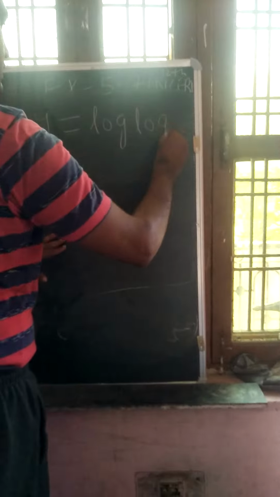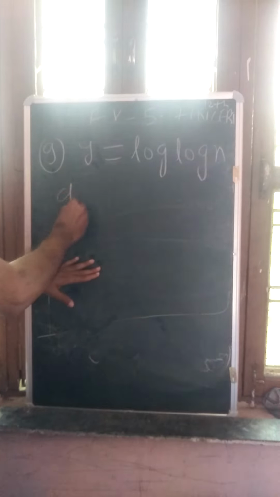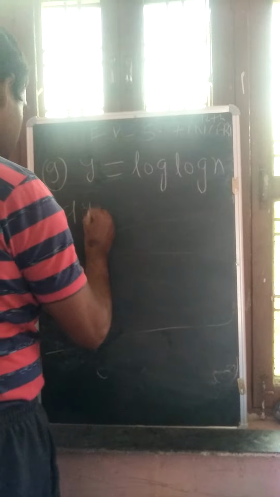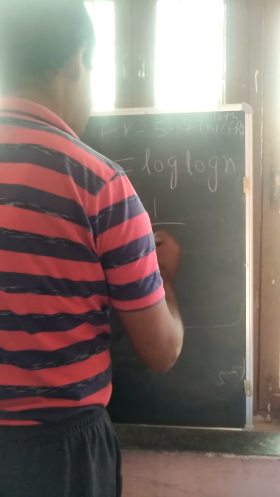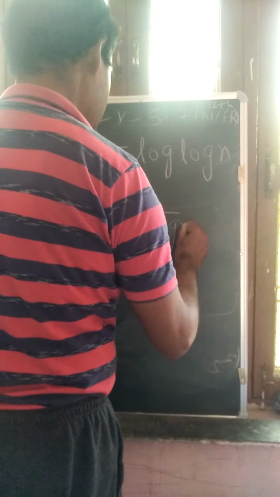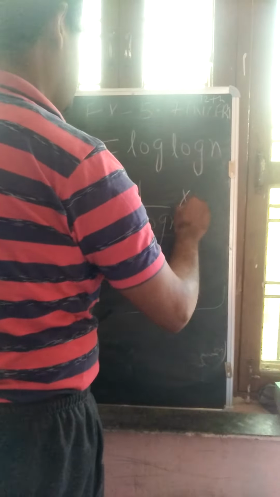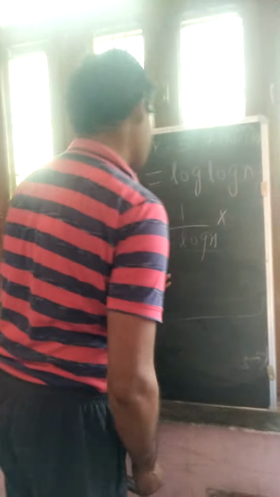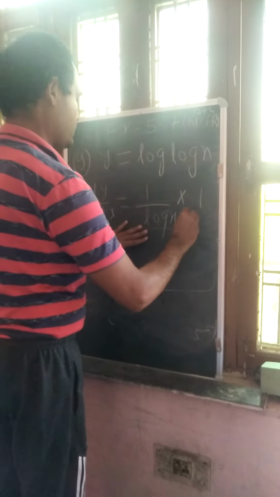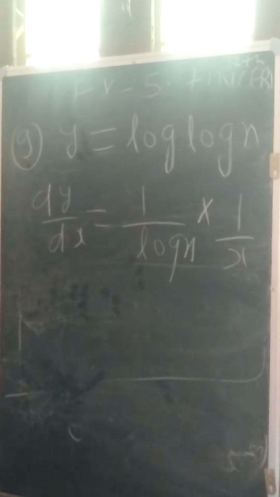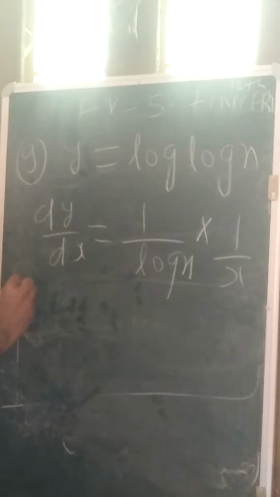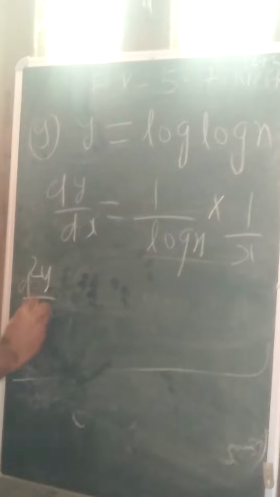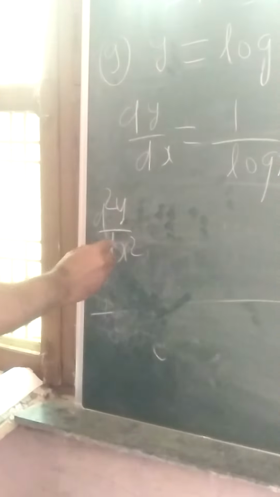y equal to log log x. First of all, we have to find first derivative dy by dx. So 1 upon log x into 1 upon x. We have to also find the second derivative d square y upon dx square.